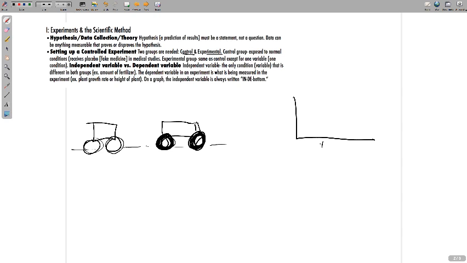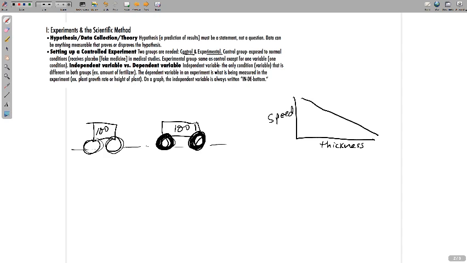We can say as the thickness of car tire increases, the speed will, and our prediction is, decrease. So we're assuming that this will happen, okay? So to run this experiment, of course, you would use lots of cars. We'd use 100 cars with thick tires and 100 cars with thin tires.